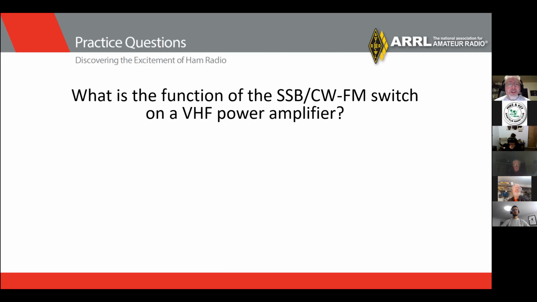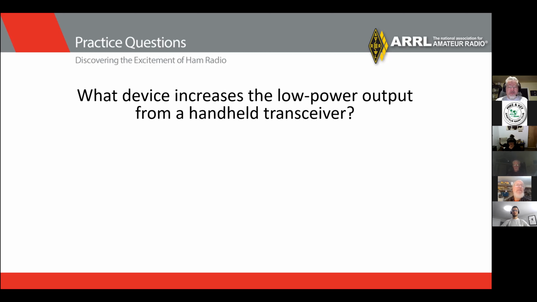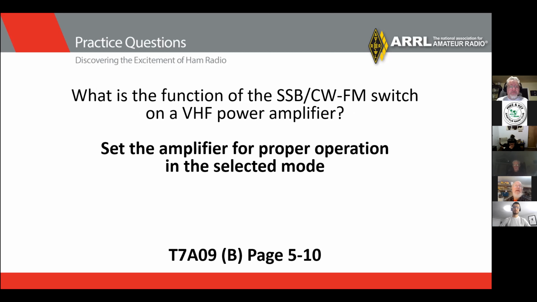What is the function of the SSB/CW-FM switch on a VHF power amplifier? That sets the amplifier for the proper operation in the selected mode. The SSB has got to be linear, and the CW or FM does not have to be.